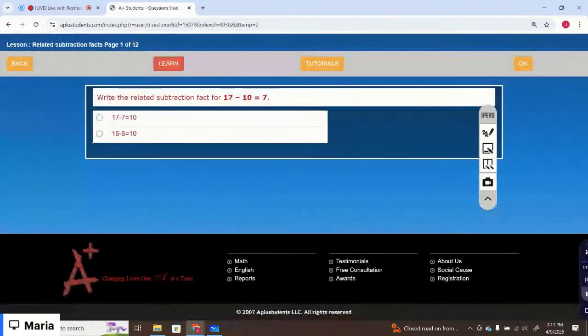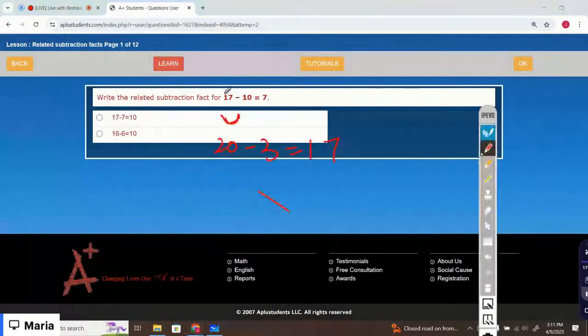Write the related subtraction fact for 17 take away 10 equals 7. When we are subtracting, we can't just swap the position of these two numbers because we cannot subtract a greater number out of the smaller one, right? So that is 17 take away 7 equals 10.